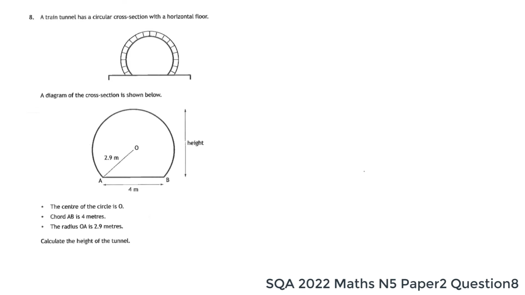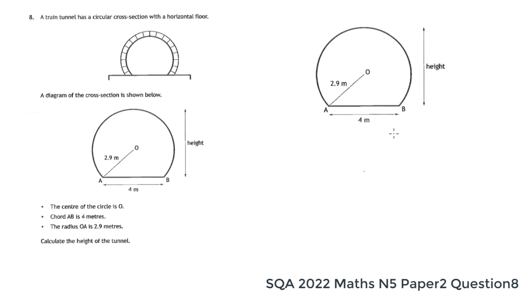So let's look at a larger diagram, and because we're told that this chord, or this line AB, the floor of the tunnel, is a chord of the completed circle, it means we can look at the midpoint of that. Let's call that M. In other words, this distance is 2 meters.